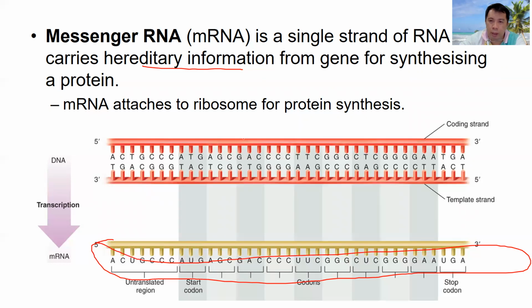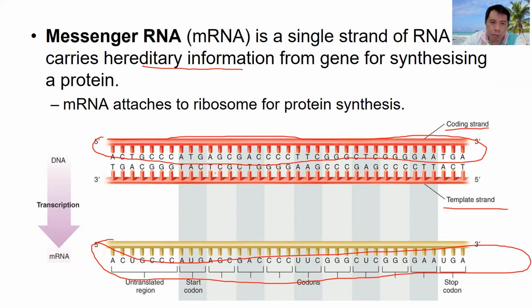For example, in this diagram, if the cell wants to translate the upper strand, this strand is called the coding strand. If we want to translate the genetic information from this strand, we must use the complementary strand as the template strand.